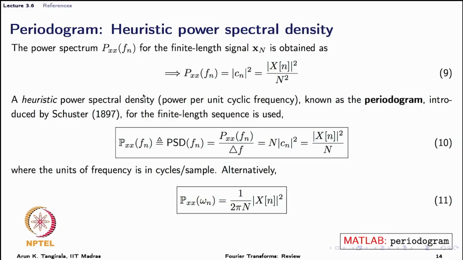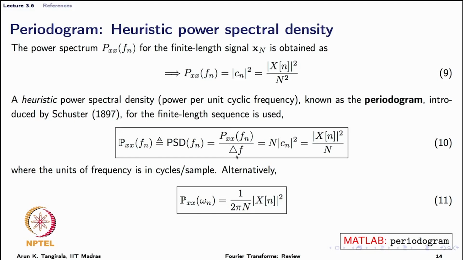So, a heuristic power spectral density known as a periodogram can be introduced, which is denoted by this different kind of font P. Apologize for the confusion between the P for the power spectrum and this P for the periodogram. So, we will say this as double P just to distinguish. So, this double P of f of n is nothing but a heuristic power spectral density.